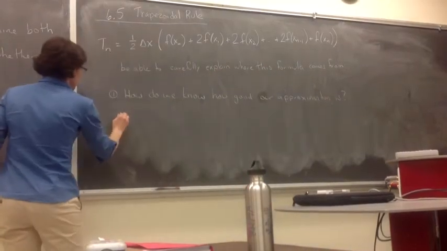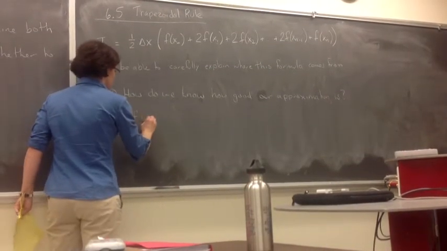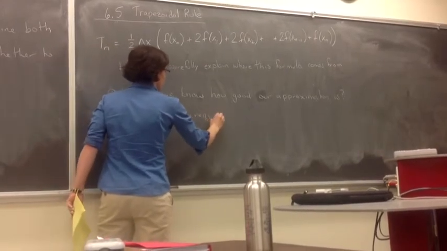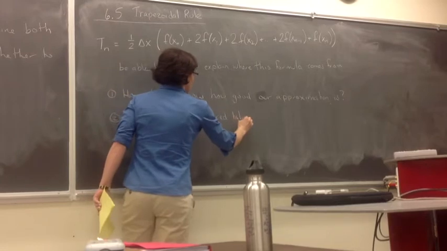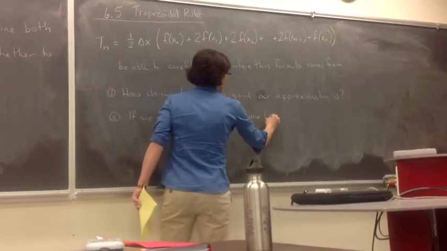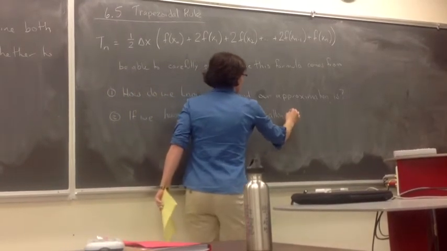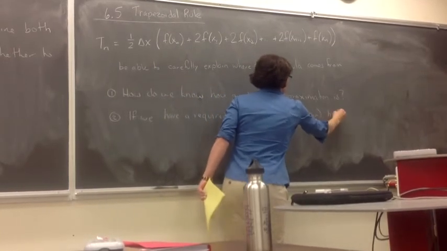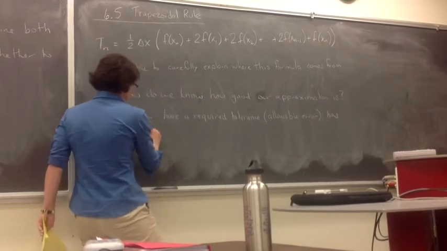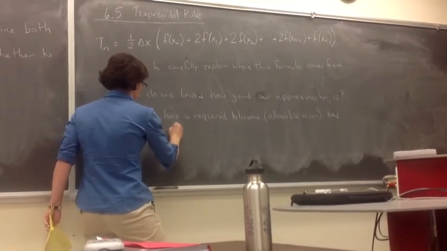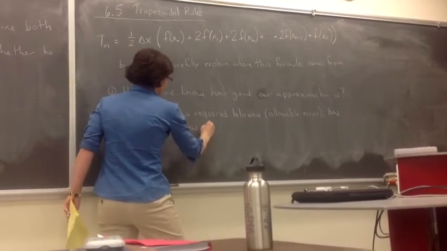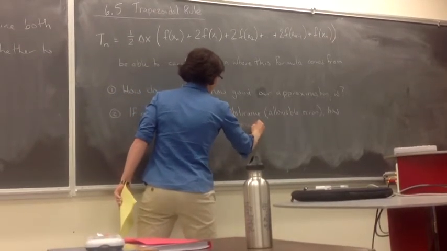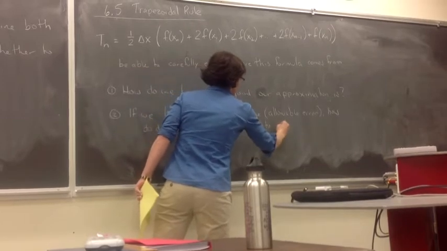And the second question is, if we have a required tolerance or allowable error, how do we decide how many trapezoids to use?